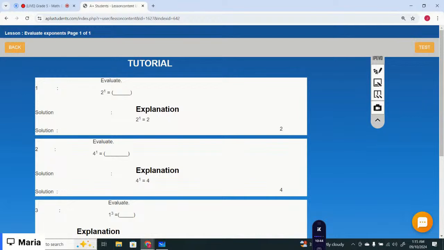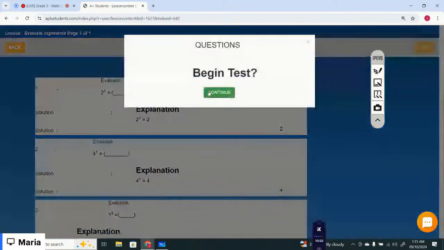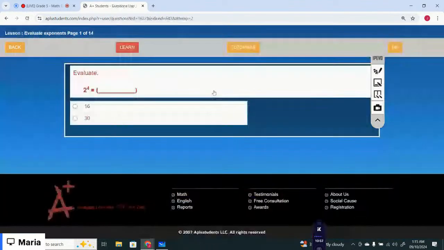Because the exponent is 1. That means you simply need to write 2. The next one is 4 exponent 1. For every example here, the exponent is 1.